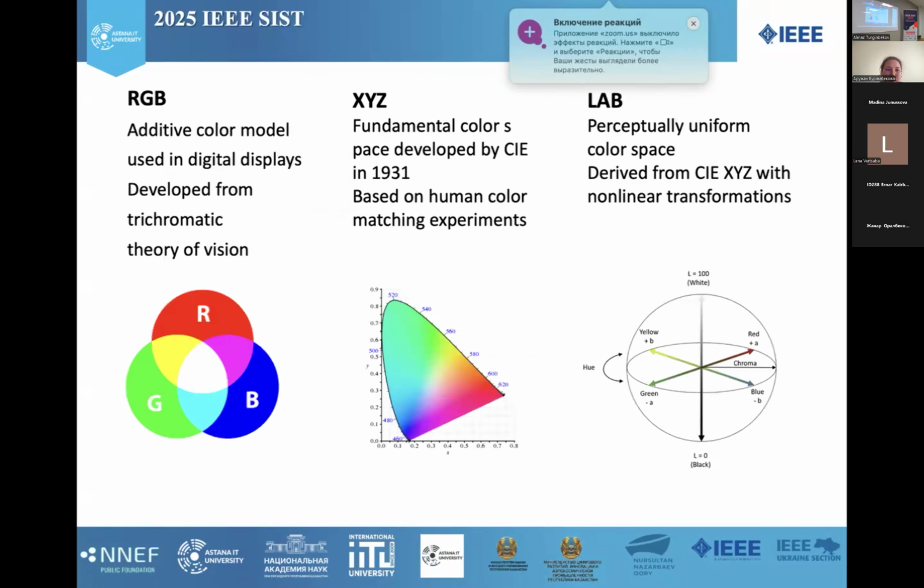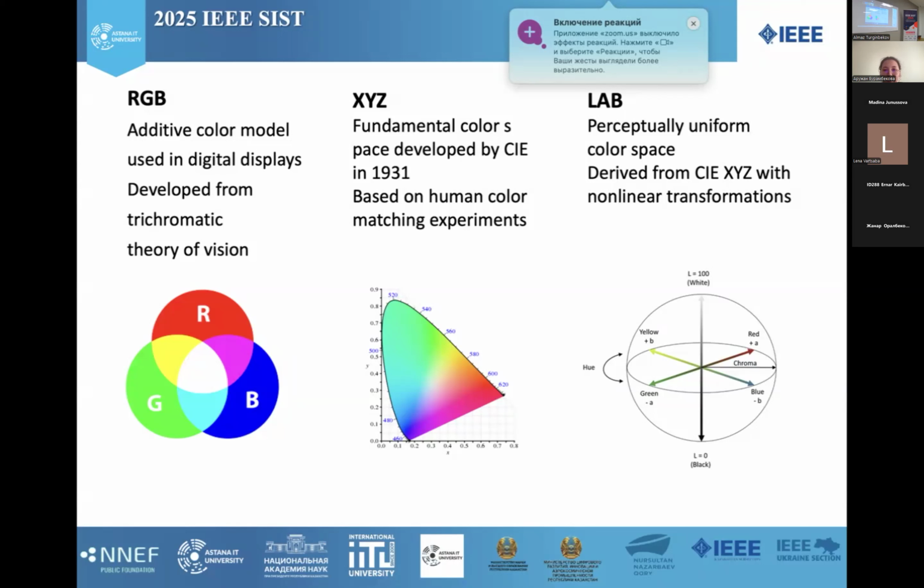So a little bit about the models we chose. For the first one, we chose the well-known RGB additive color model, with the trichromatic theory of vision. Next one was XYZ, the fundamental color space, actually the standard, which is based on human color measurement experiments and serves as the foundation of many color models.